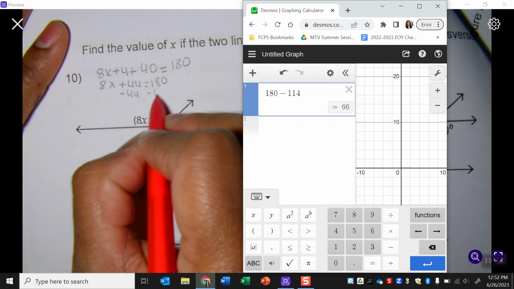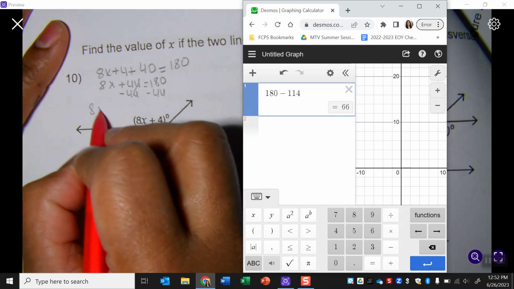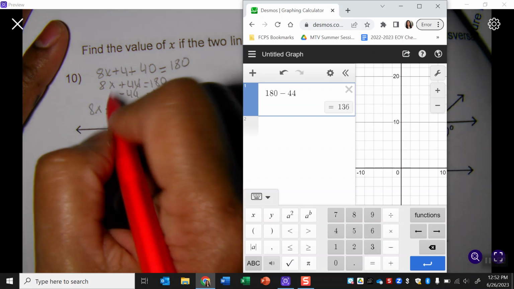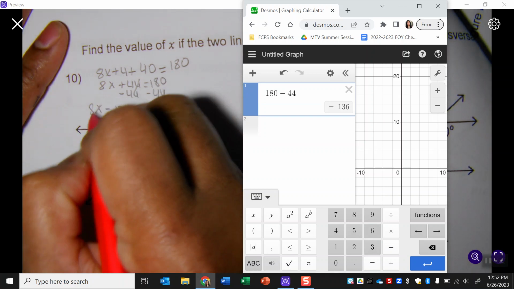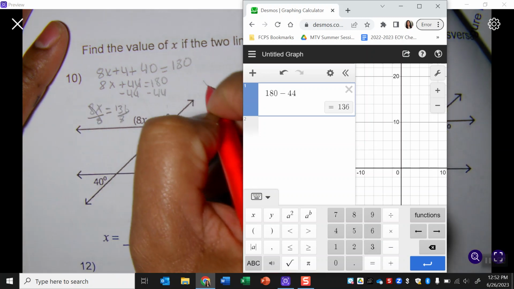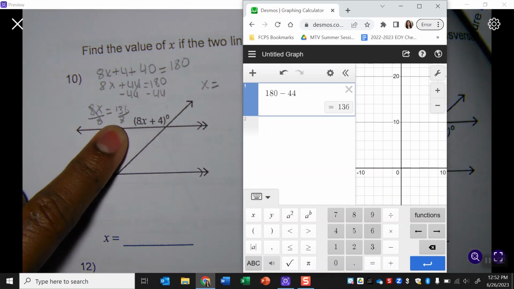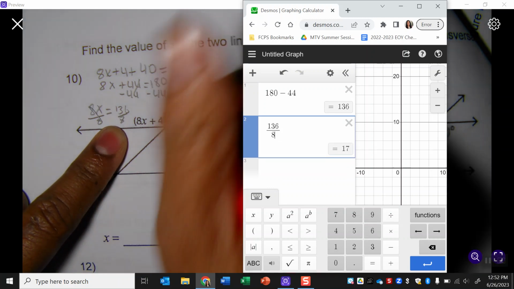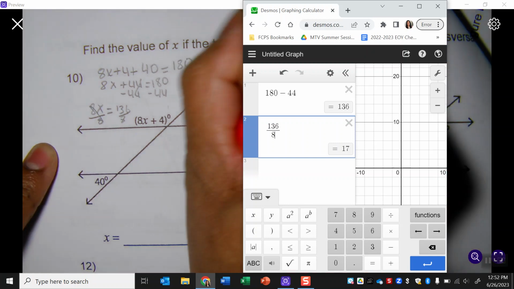Subtract 44, subtract 44, so you have 8x equals 180 minus 44, which is 136. And then just keep solving. So you have x equals 136 divided by 8, which is 17. x equals 17.